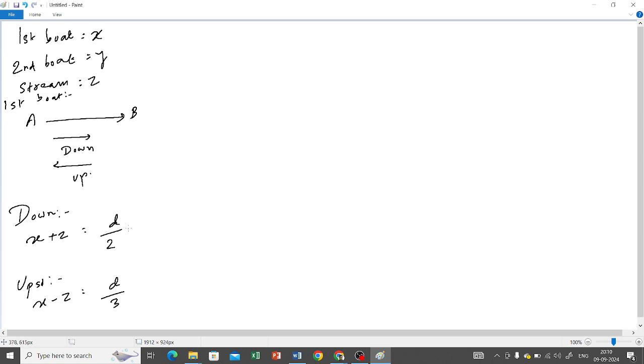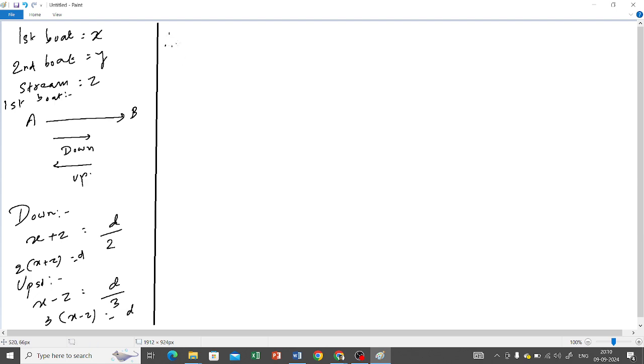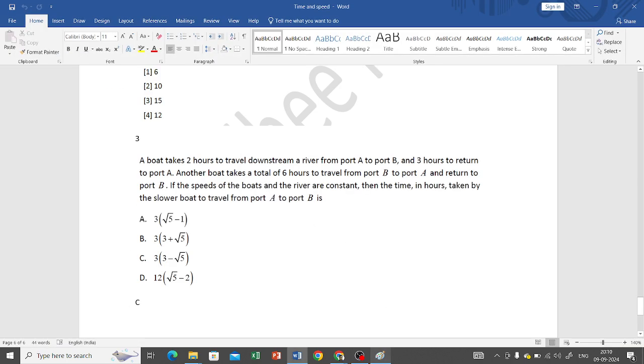So from here we can say 2 within bracket x plus z is equal to d, and 3 within bracket x minus z is equal to d. So 2(x plus z) is equal to 3(x minus z), trying to find different correlations. This is what we have. We got something.